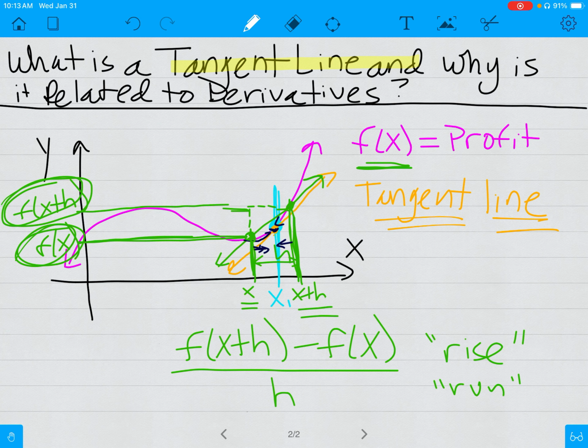So that is the slope of the line between those 2 points. And we just decided that as we let those 2 points become closer and closer together and eventually converge to a single point, that's what gives us this magical tangent line and therefore the derivative.